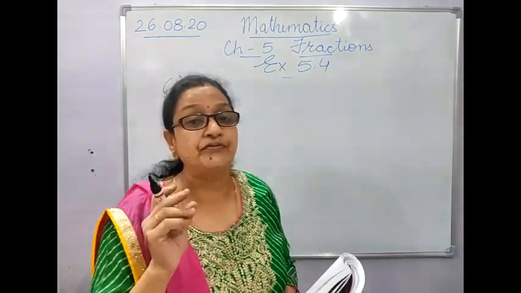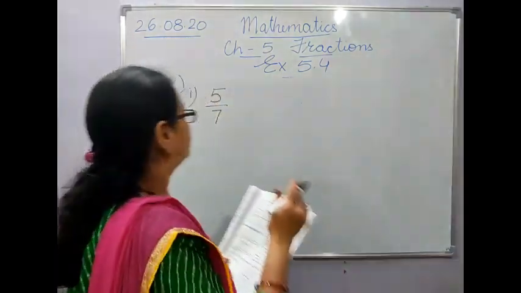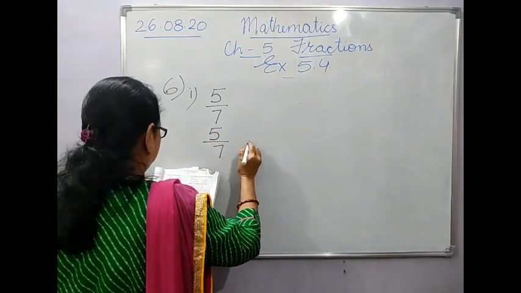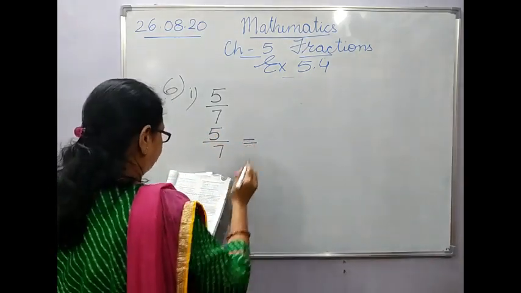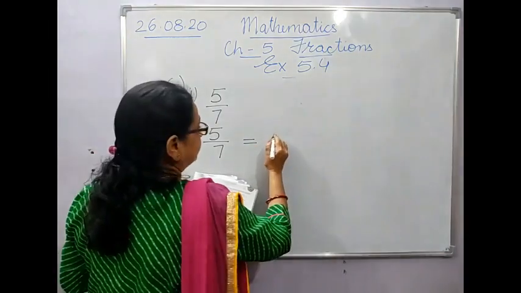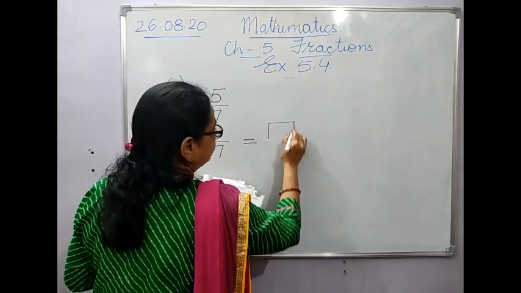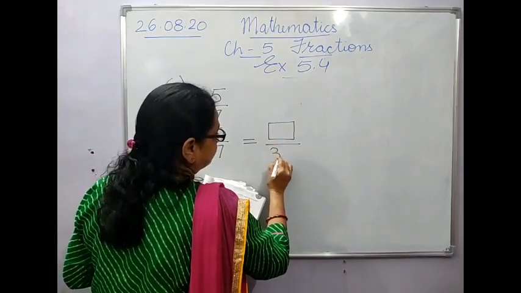In this, children, you have to frame the question first: 5 upon 7 equals blank upon 35. The denominator is given, so the numerator is blank.